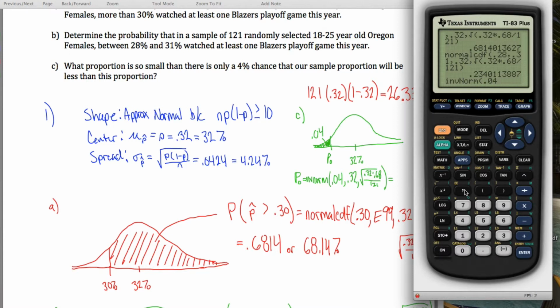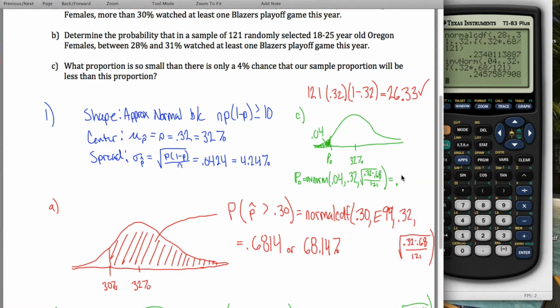0.04, comma, 0.32, comma, the square root of 0.32 times 0.68 divided by 121. All look right? Looks good to me. Hit enter, you get this number. You get 0.2458.